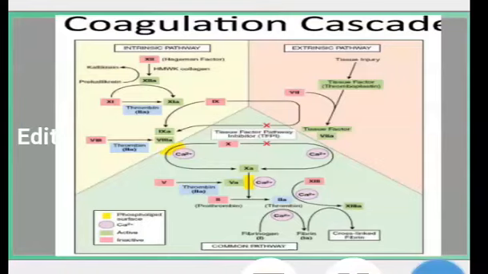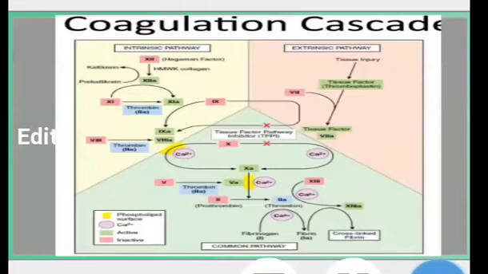This activated factor 10 again acts on prothrombin, and prothrombin activator in the presence of calcium ion again forms thrombin. Then thrombin converts fibrinogen into fibrin monomers, and then in the presence of calcium ion again there is a formation of clot or fibrin polymers.